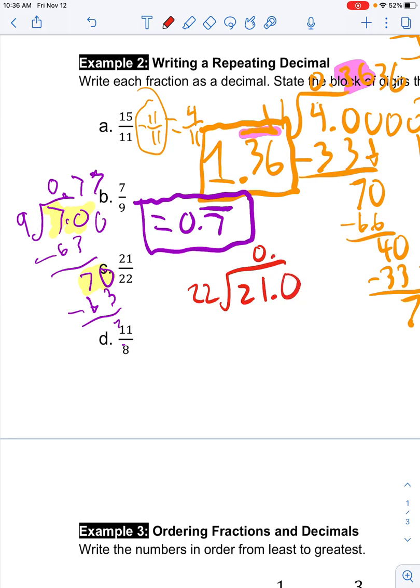21 over 22. 0 point. I'm going to guess that this goes in there 9 times. 22 times 9 is 198. It's going to leave me with 12. Bring it down.